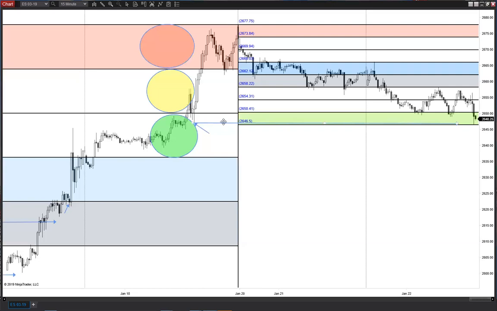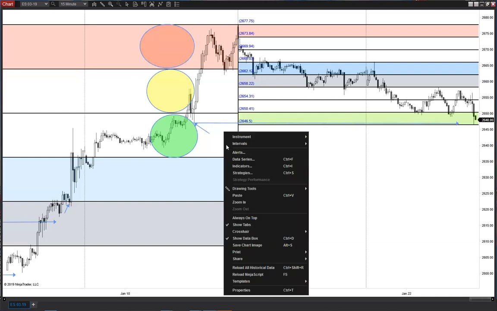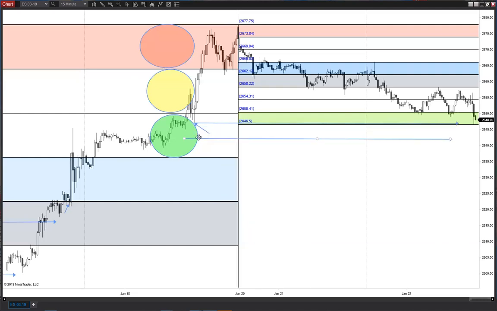And so our next theoretical area is right below it, and then the biggie down in here, right? Which is going to be back in the 30s, and we've got a gap down there.